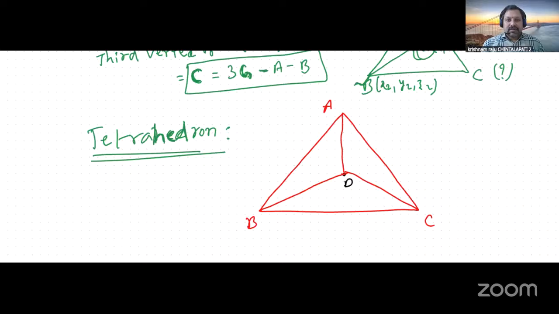Clear? So A treat as x1, y1, z1. B treat as x2, y2, z2. C treat as x3, y3, z3. Clear?